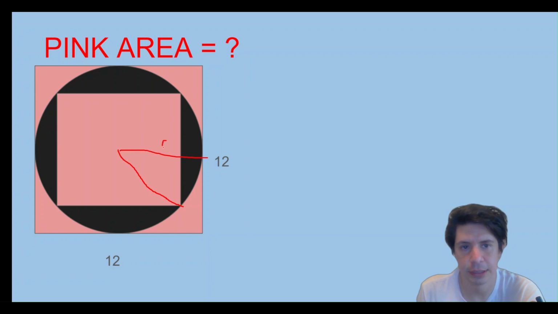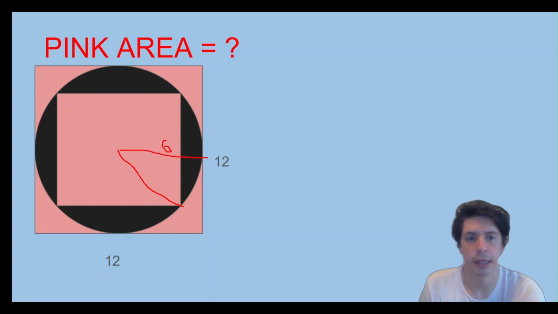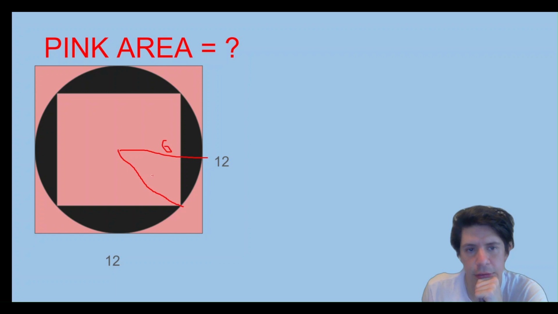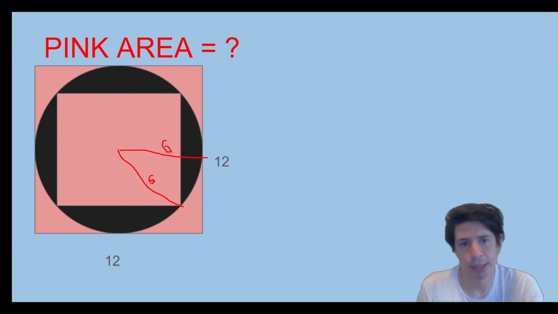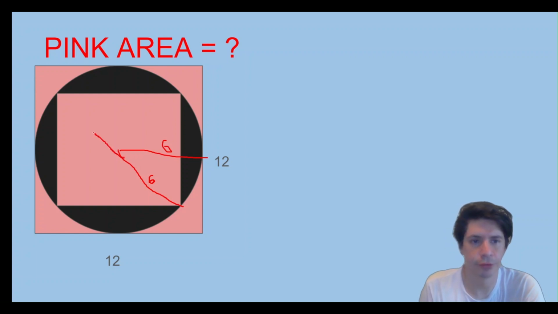So this is going to be 6, and that means this is also going to be 6. So the diagonal of the square, which we drew all the way out, is 12.